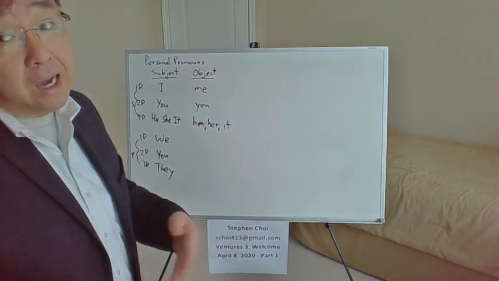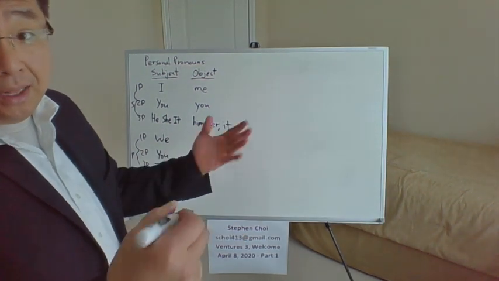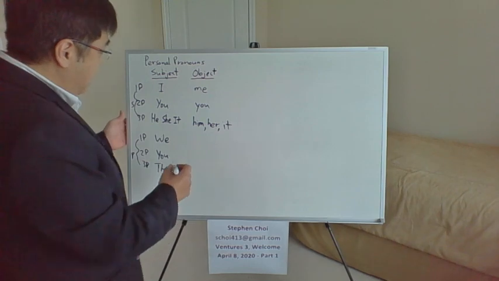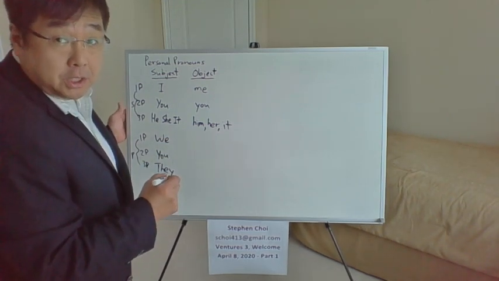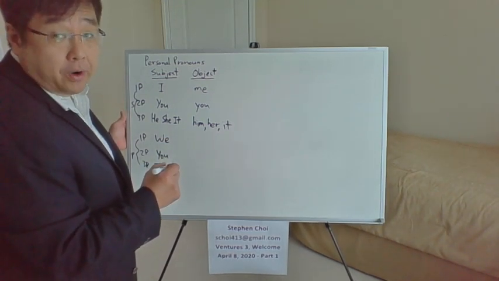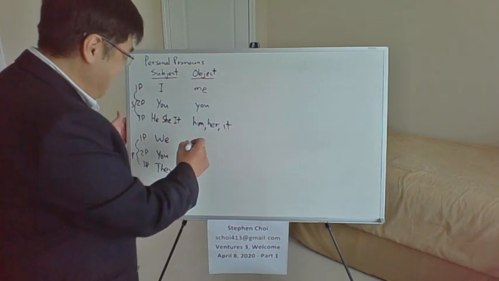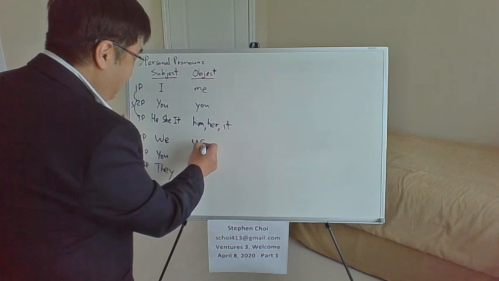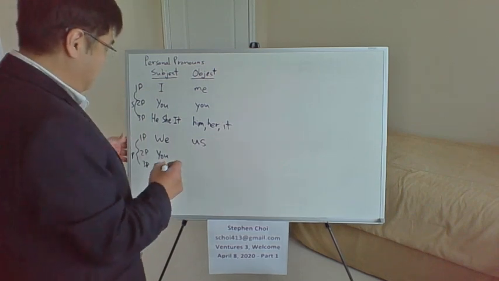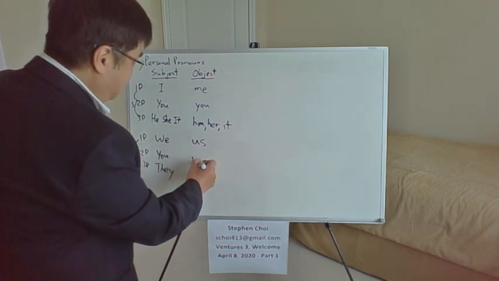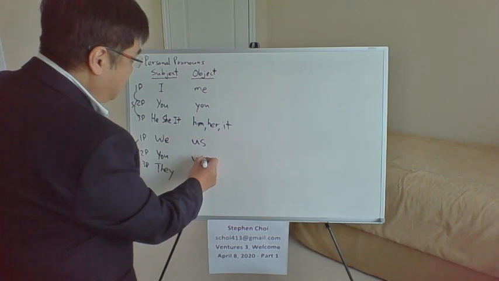It loves me, I love it. Just like you. And then first person plural object pronoun. Yes. No, not our. It's us. And then how about second person plural object? You.